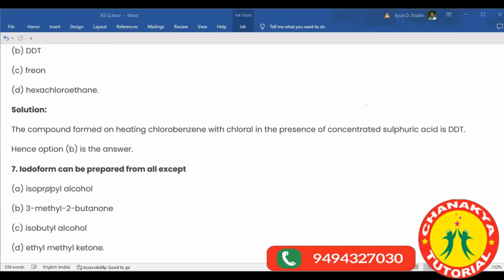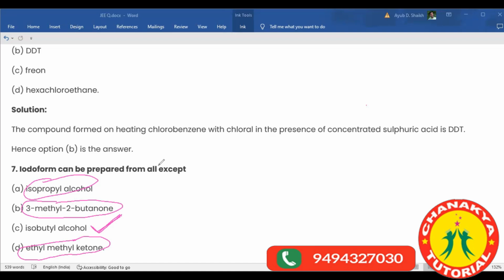Iodoform can be formed by isopropyl alcohol, by 3-methyl-2-butanone, by ethyl methyl ketone. So it's option C. Isobutyl alcohol cannot prepare iodoform. So your option C is the correct answer.